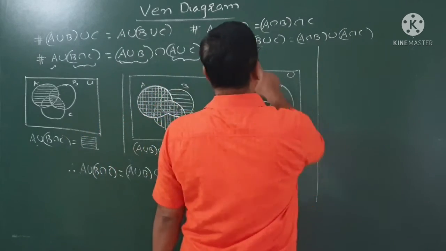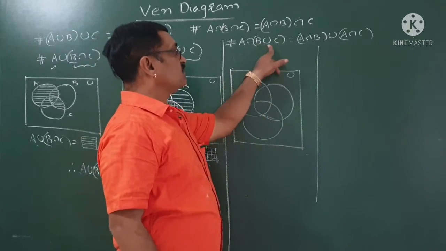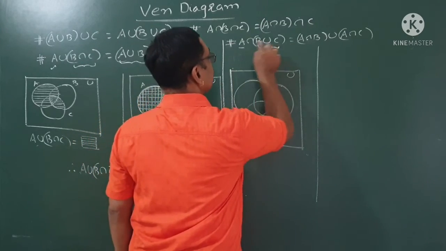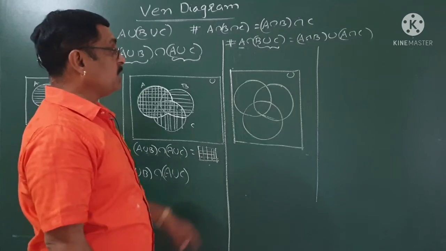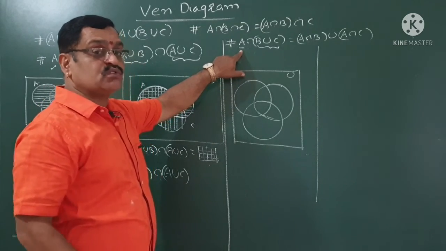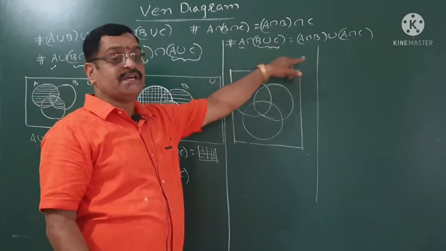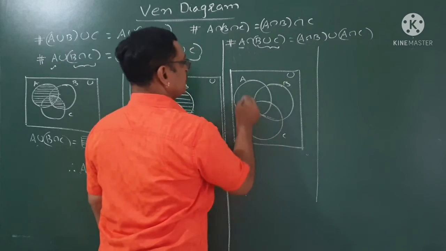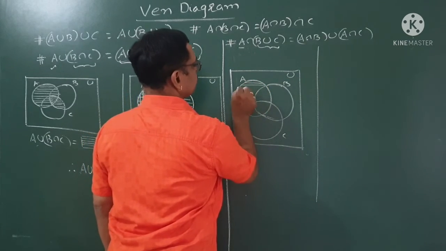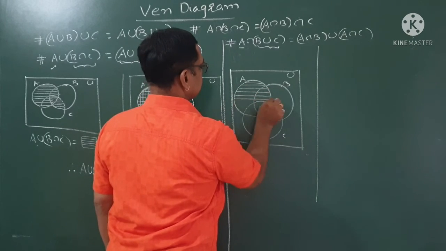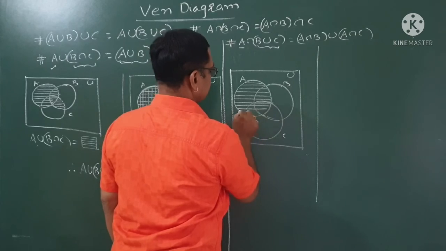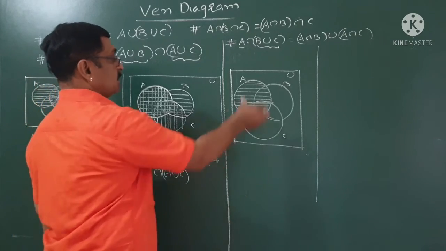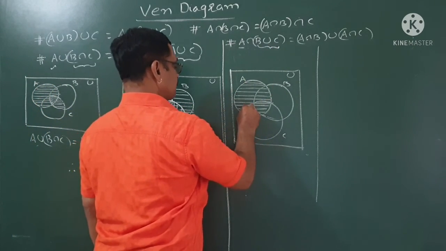Next one. Here, A intersection (B union C). I am combining two sets, 1 and 2, with intersection. So again repeat, whatever lines I use for A, I need to use opposite contrast lines for B union C. First for A, this is A, B and C. For A, I will do horizontal lines. Next one, I am going to use vertical lines for B union C. B union C means these two, so I am going to use.